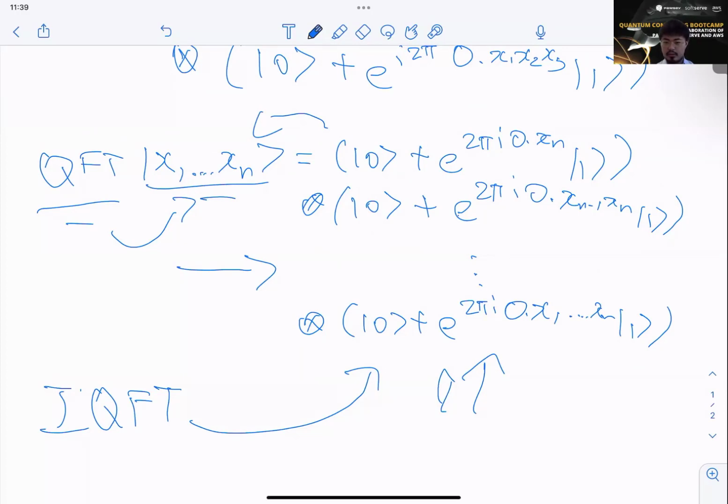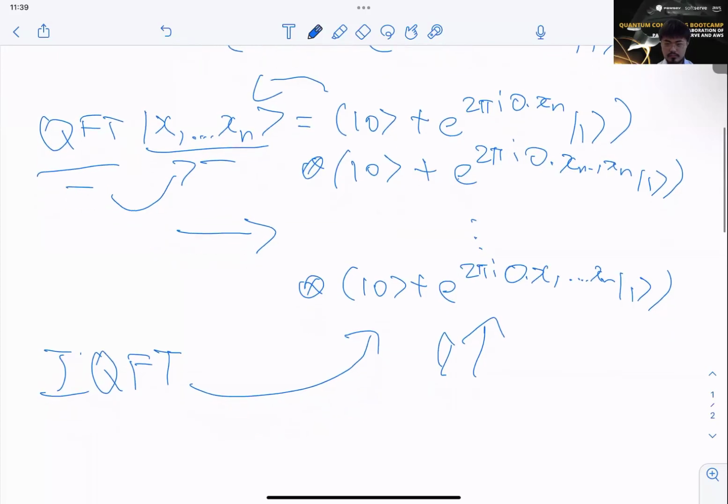Does everyone understand what that means? If you all understand, please put a thumbs up. I see a couple of thumbs up.